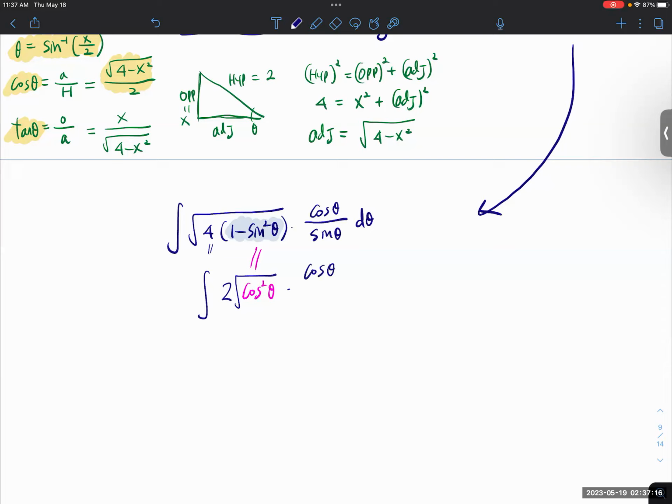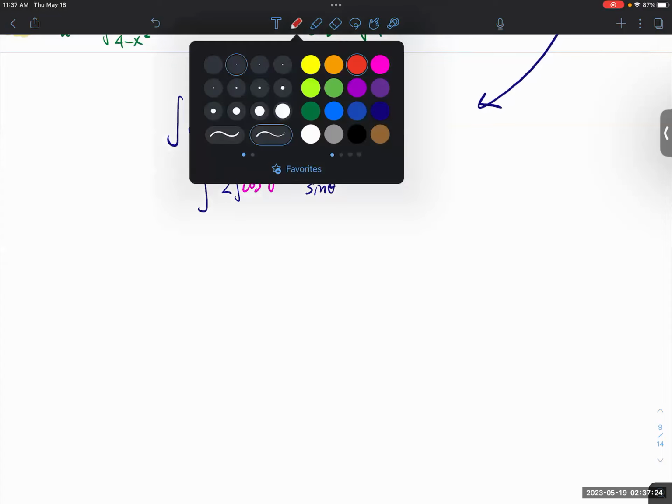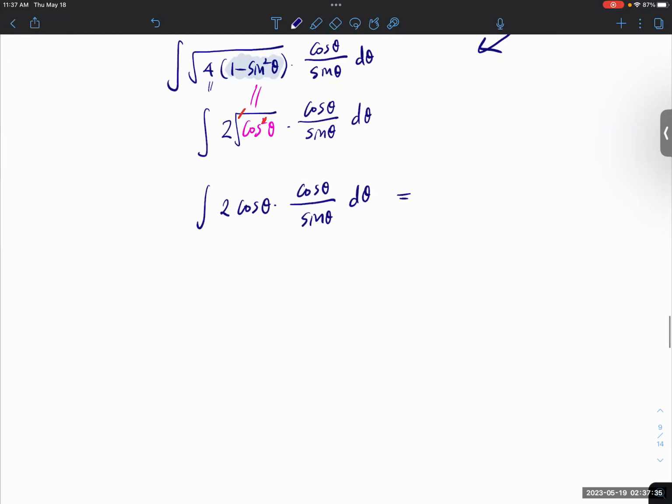And we still have cosine theta over sine theta. Again, what happened? The second power and radical are going to cancel. So we have a 2 cosine theta over sine theta d theta. And then I can bring the 2 to the front. We have a cosine squared, correct? Over sine theta d theta.